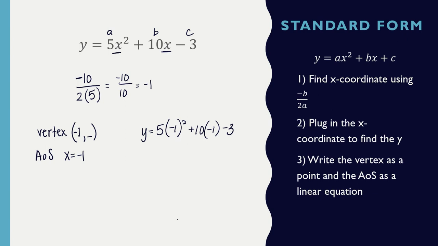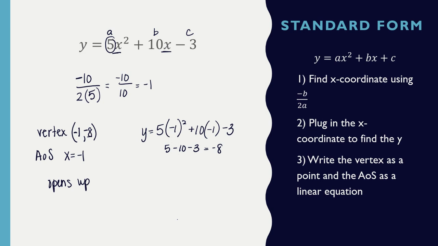Pretty straightforward to evaluate that, and we get 5 - 10 - 3, which is -8. So the vertex is at (-1, -8). We have now found the vertex of our parabola. Then the question becomes, does it open up or down? Well, we look at a for that, and a is positive, which means that the graph opens up.